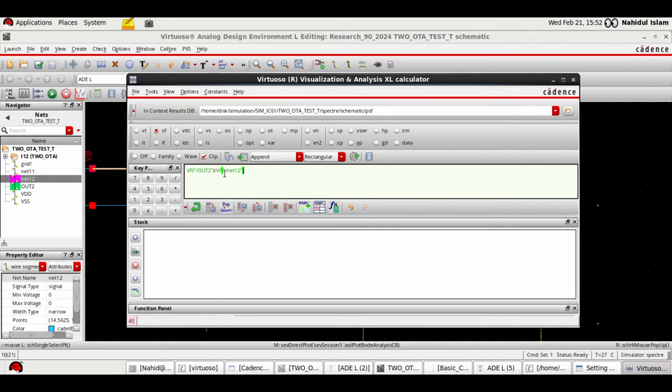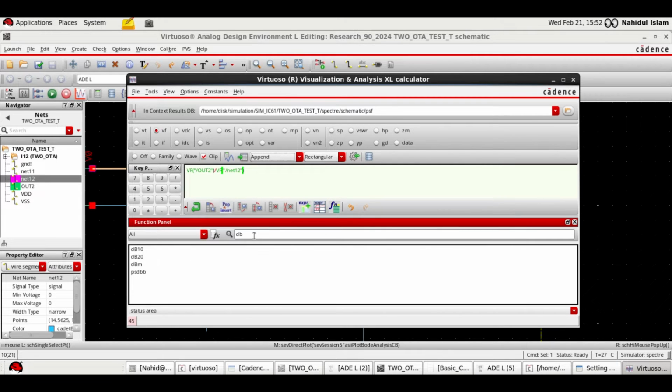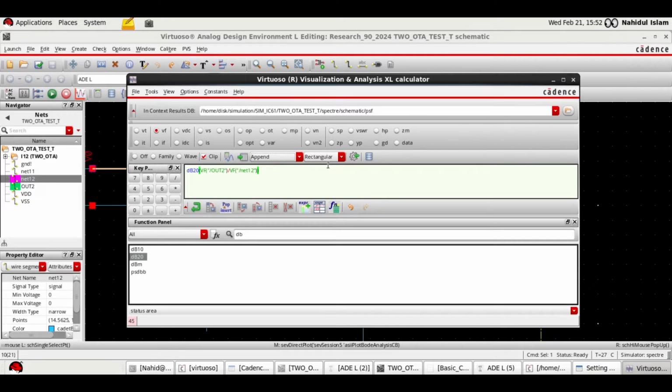Yeah, V out by V in. If I run the simulation in this way, this will show me the linear value of gain. So I'm going to show it in dB scale. That's why I use function dB, then send it to the buffer.